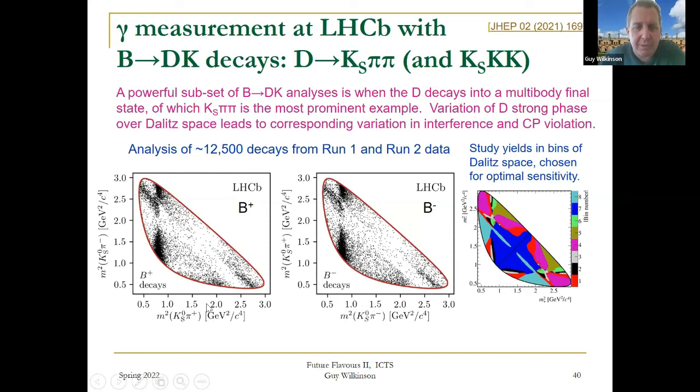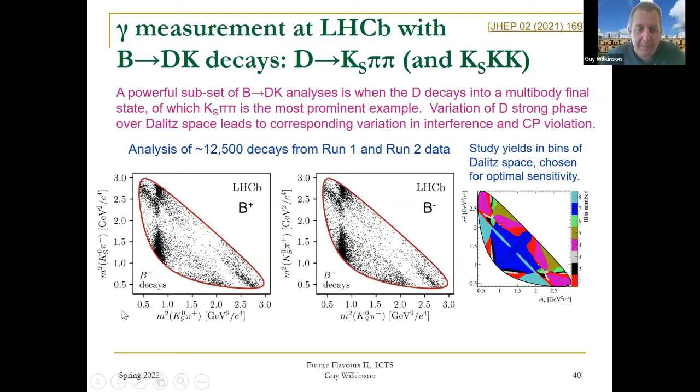So this phase space is presented here as a Dalitz plot. So we plot the K short pi plus mass squared against the K short pi minus mass squared. So this is the decay structure of the D decaying into K short pi pi. You see these beautiful bands here. These are coming from different resonances, such as the K star and the rho and things.